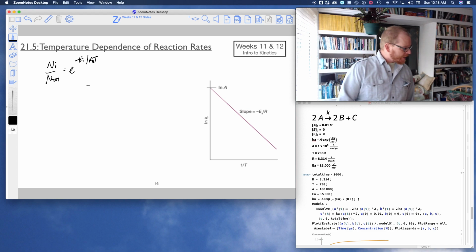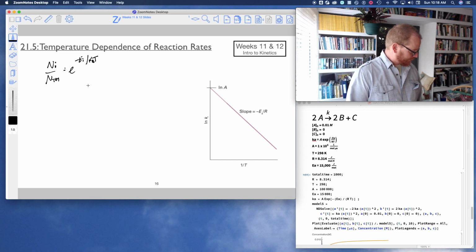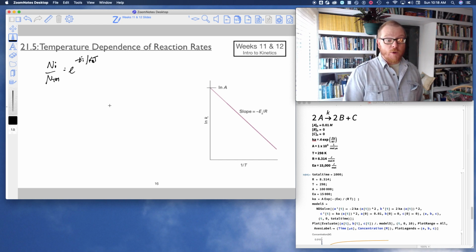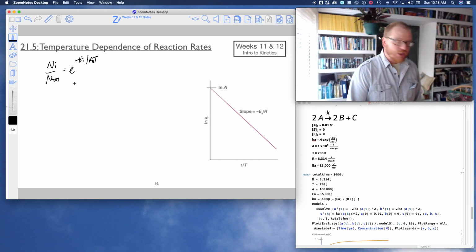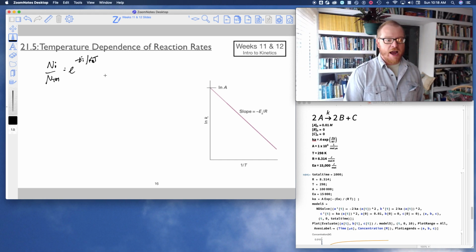So EA represents the minimum energy needed to initiate a reaction, okay? And so really what that means is the exponential term gives us the fraction of molecules that can react. So I'm not going to derive this here. We might derive this later on in the semester if we have time.